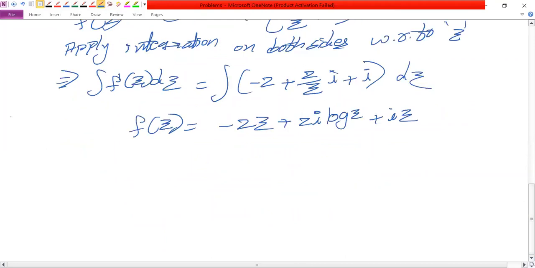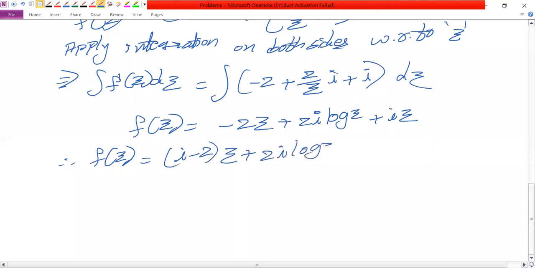Therefore f of z equals (1 minus 2) into z plus 2i log z, which is the required analytic function.